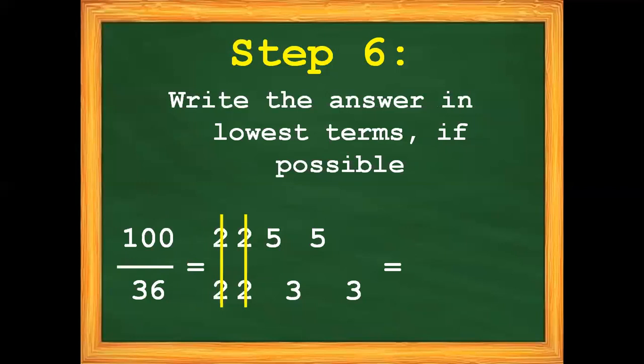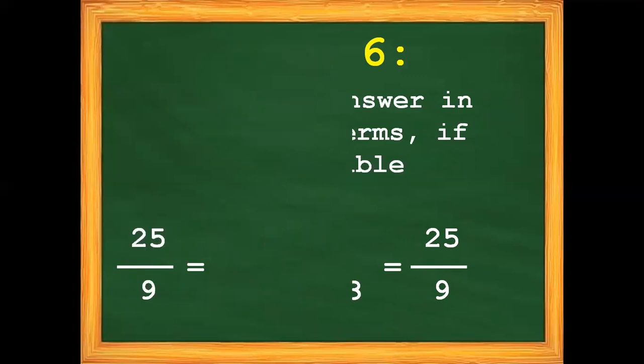Now let's multiply the remaining numbers. For the numerators, we have 5 and 5, and for the denominators, we have 3 and 3. So 5 times 5 and 3 times 3. So we will have 25 over 9. Since the answer is an improper fraction, we need to change it into a mixed number.